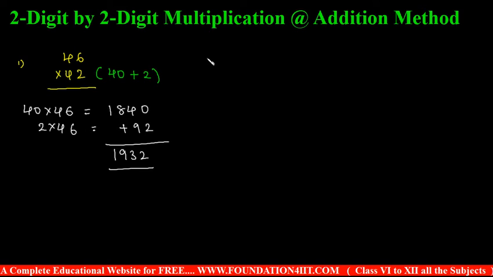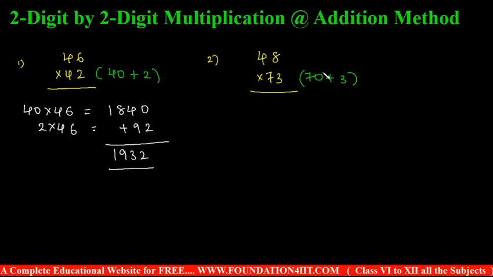Let's have one more example then. 48, and I'll take 73. Now in this example, the base is 73, one of the numbers. That is 70 plus 3.